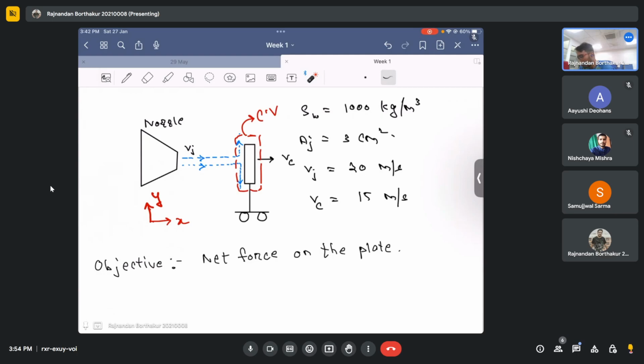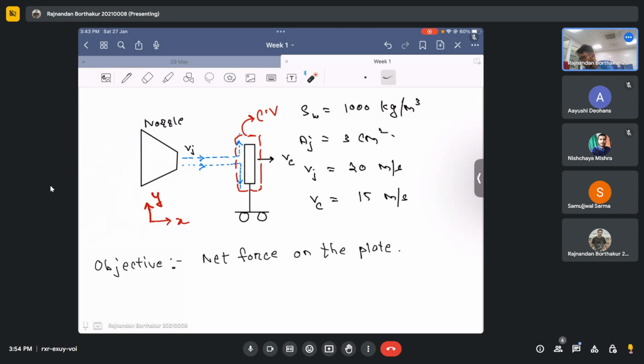In the earlier case, when we solved for water entering a tank, we chose the control volume as the water portion inside the tank. Here we will choose the control volume to be this plate, which is moving with some velocity Vc as a part of the problem, and then we will do the analysis on this chosen control volume.